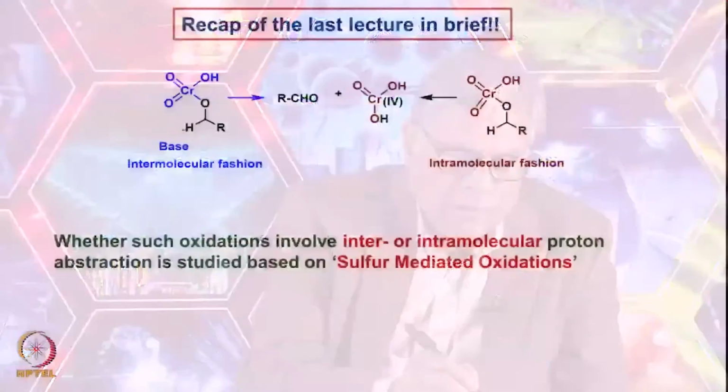We will briefly look at what we discussed last time. We started looking at the oxidation of alcohols using chromic acid, and we considered the possibility of abstraction of hydrogen from the intermediate, that is, the chromium based intermediate, either in an intermolecular fashion such as this.